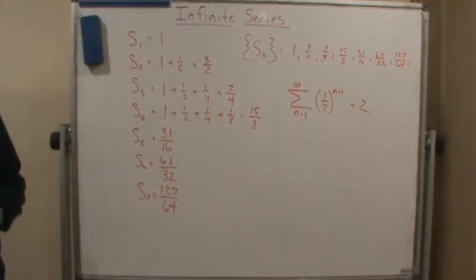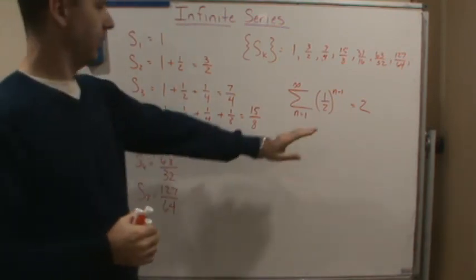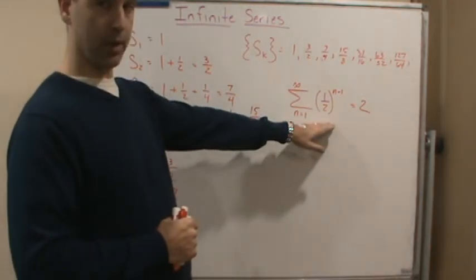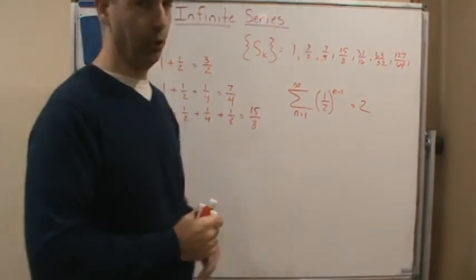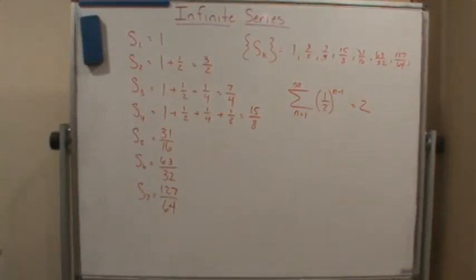Since the infinite sequence of partial sums converges to 2, we write that the infinite series, which is expressed by this, is equal to 2. And that's the answer.